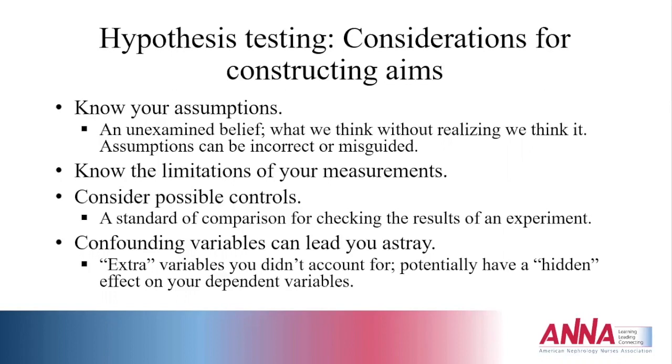So for example, if I was going to truly study the standardized readmission ratio in dialysis facilities, how do readmissions occur in dialysis facilities, how they're attributed, all of those things, I really need to think very critically about variables that would impact that.